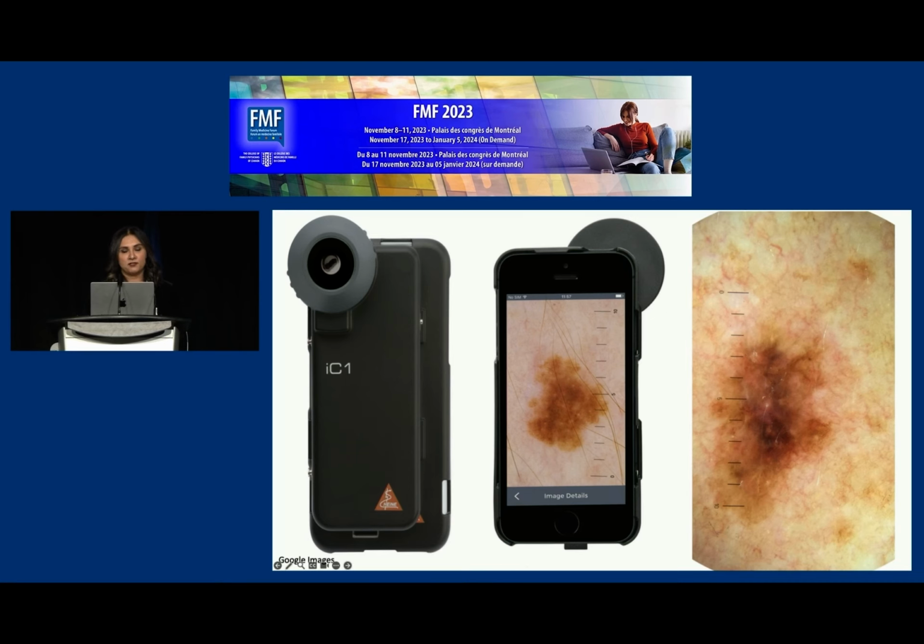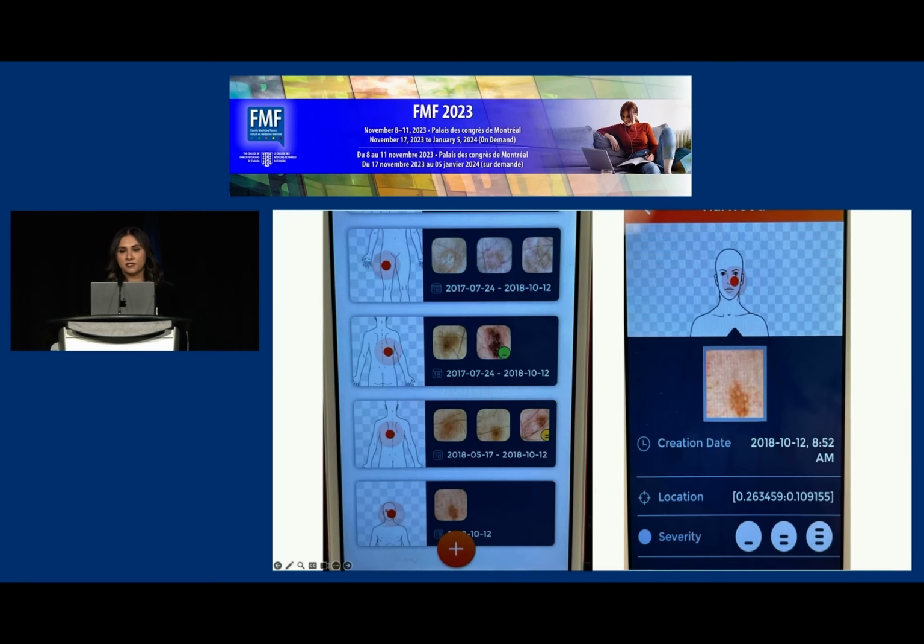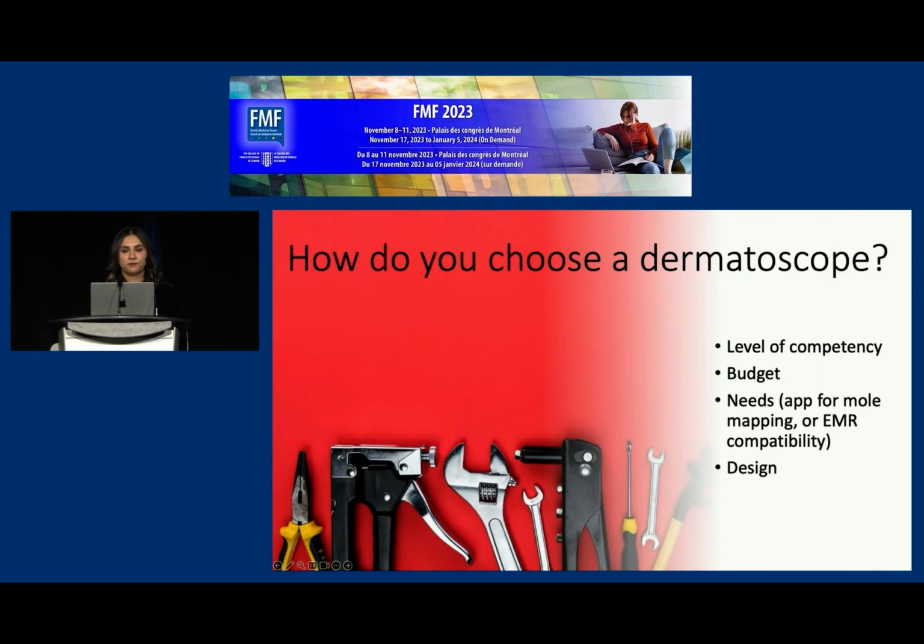So right off the bat, the dermatoscope was a very useful device in my practice. The Heine dermatoscopes actually come with an app which allows you to track lesions over time. So for example, here's a patient of mine, and with their consent, I can show you how over time I've been mapping some moles, which at the time don't look very worrisome, but I can watch them over time and remove them if needed.